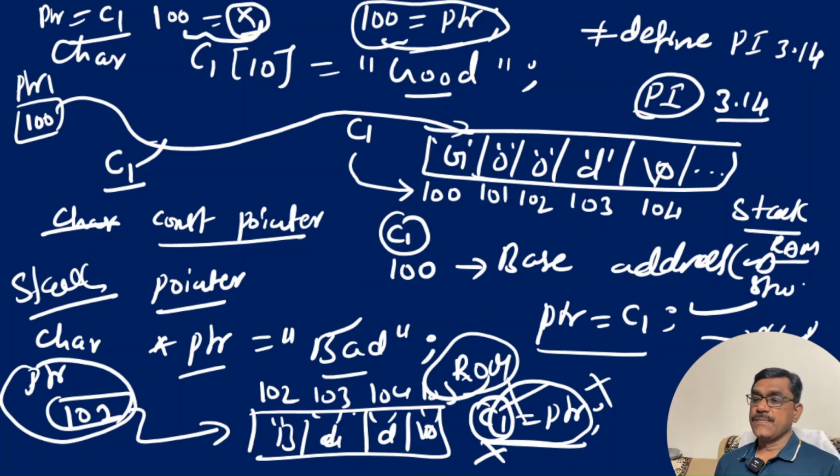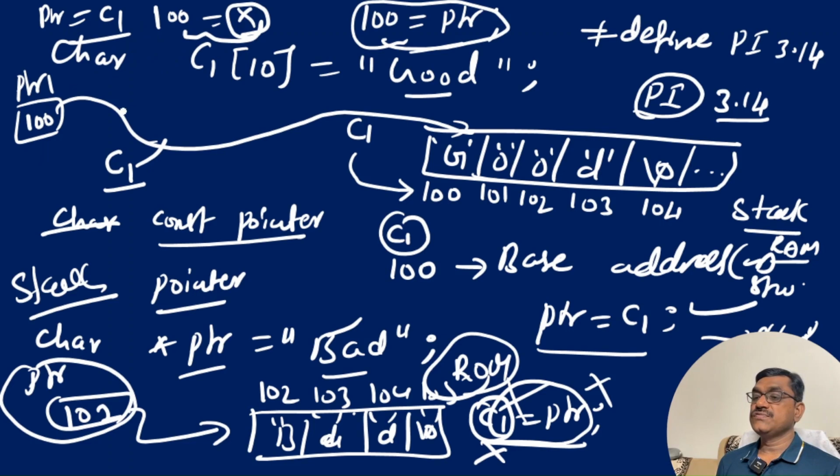That's the main difference. Now, next I'm moving to another important thing. If I say C1 of 0, the first character, what is the first character of C1 of 0? This is C1 of 0 and this is C1 of 1 and so on.